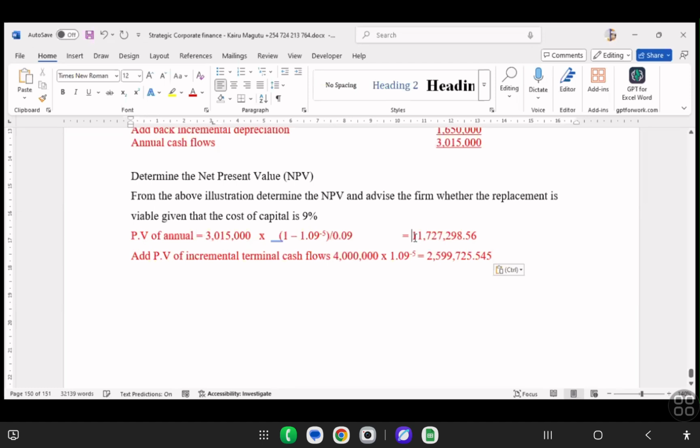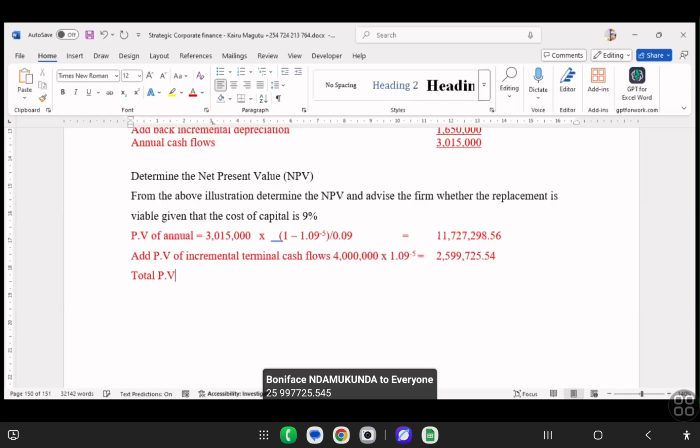We add this one to the other. This will give us the total present value cash inflow.